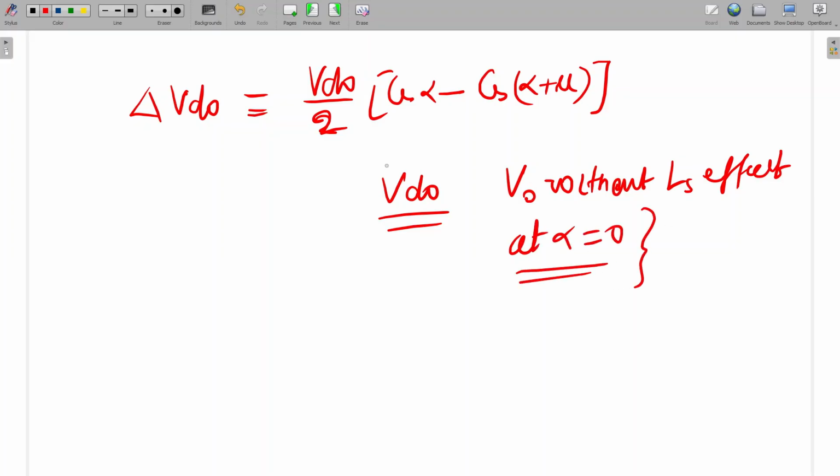Is it clear? This is a generalized equation for all the converters. In all converters, we can derive this equation.